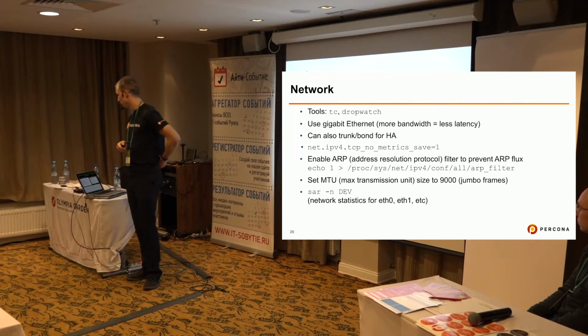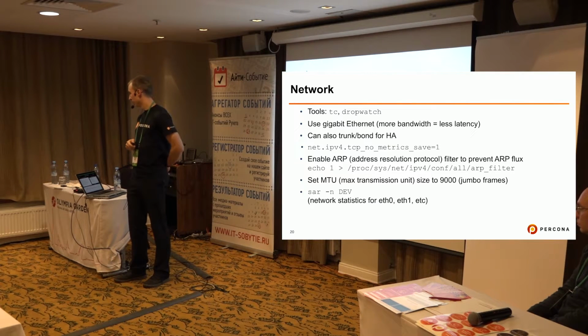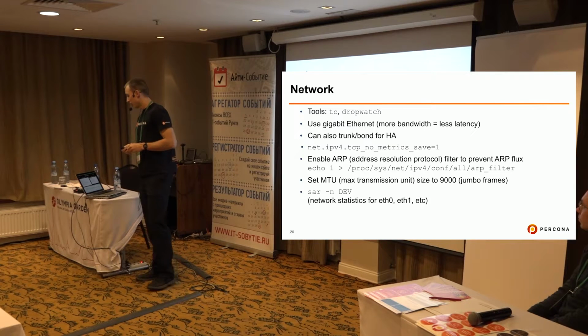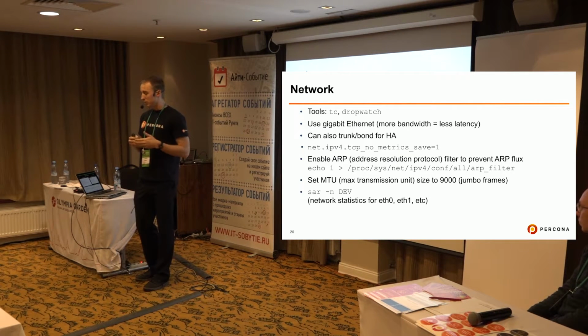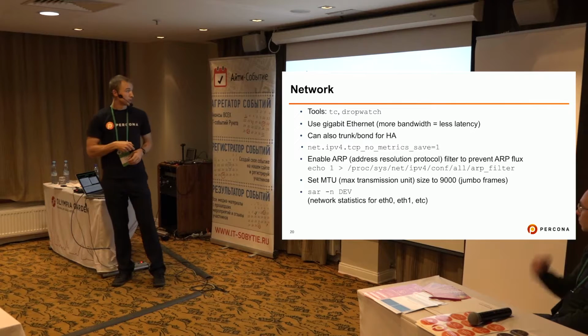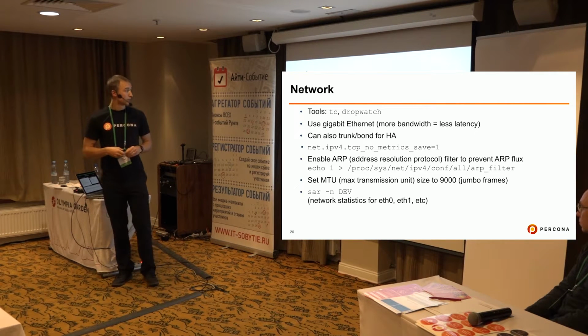Dropwatch to monitor packets that are dropped by the kernel. tcp_no_metrics_save equals 1 is something that we enable so that TCP doesn't save the state when the connection breaks, because usually it will cache the state so that when it reconnects, it can use it as some initial parameters. But if you do this, then it will not do this caching and increase your performance.